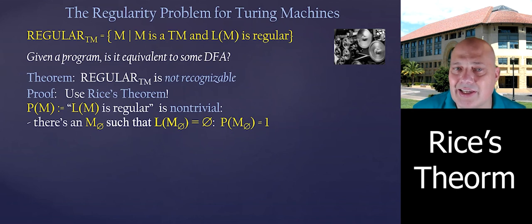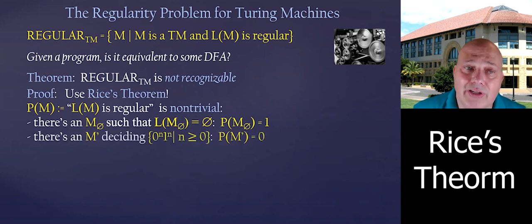There is M naught, which accepts nothing, and the property holds for it because the empty language is regular. And there is some M prime that decides some other language that's not regular, like 0^n 1^n, for which this property doesn't hold.